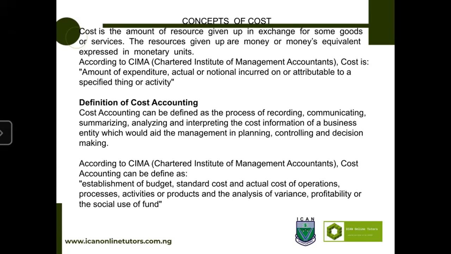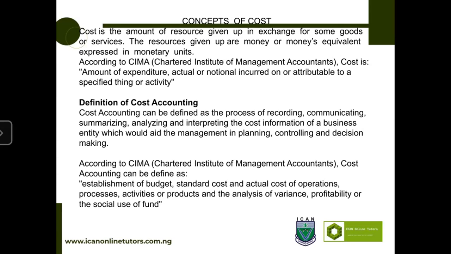A price of a unit of what? Item. That is the word cost. That is, what am I giving in exchange for that thing that I want to achieve? But that thing you want to achieve can either be goods or what? Services. Either somebody is giving you goods in exchange or is rendering you services in exchange. That is what we call cost.